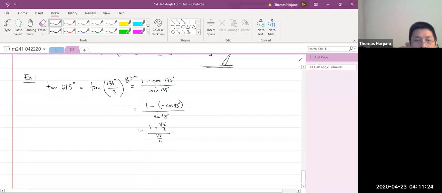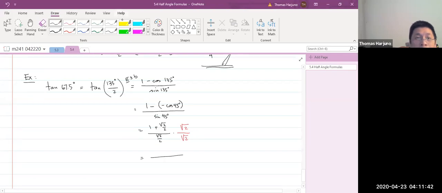Multiply on the top and the bottom by radical 2. Actually, you should just multiply by 2. But if you happen to see it, I will multiply by radical 2. The reason is, what happened at the bottom?